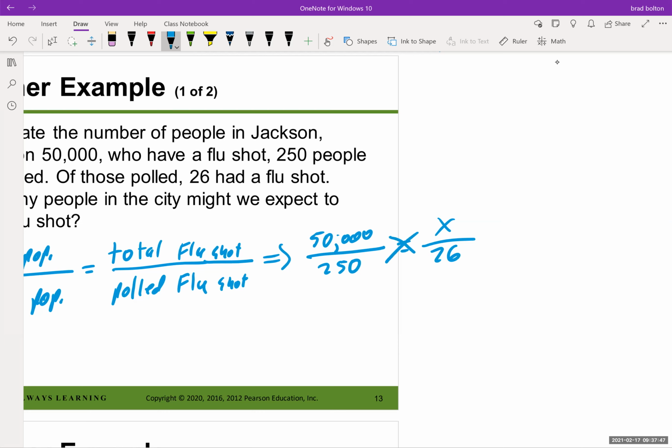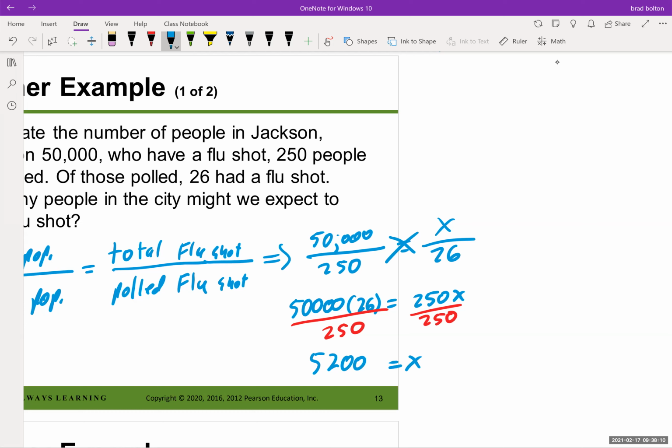So now I'm going to once again do my cross multiply. So I now have 50,000 times 26, and that equals 250x. We're going to divide both sides by 250 to solve for x. When we use our calculator, we should get 5,200 equals x.